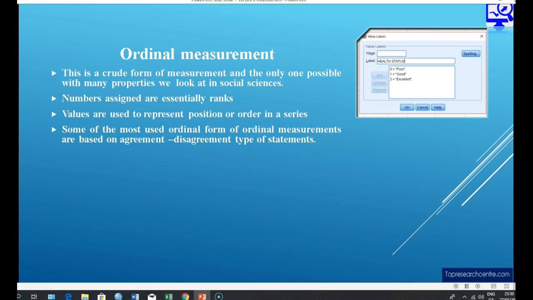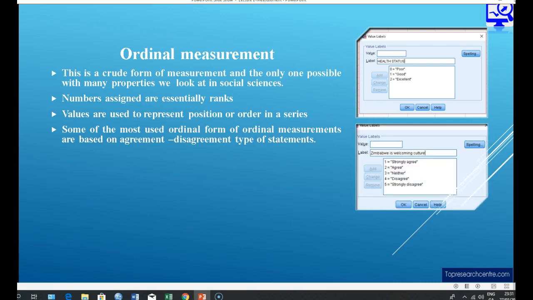For example, we have different questions in social sciences which elicit attitude responses. In that regard, we also have to assign numbers to attitude responses relative to the position in the given series.